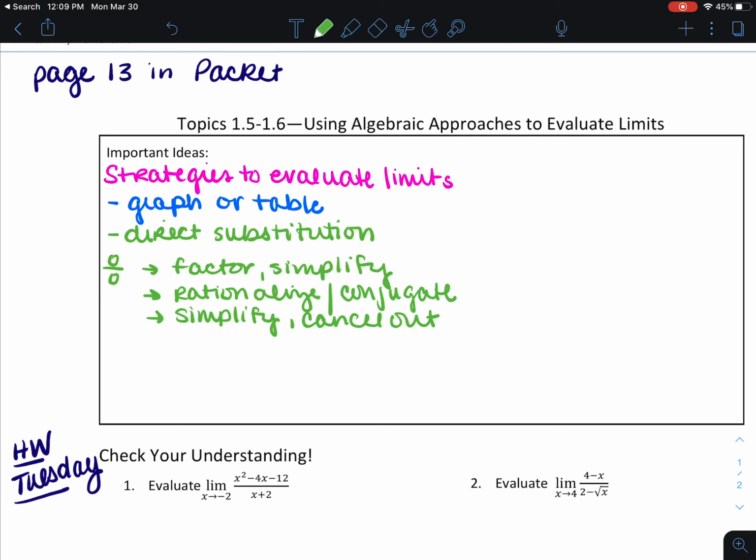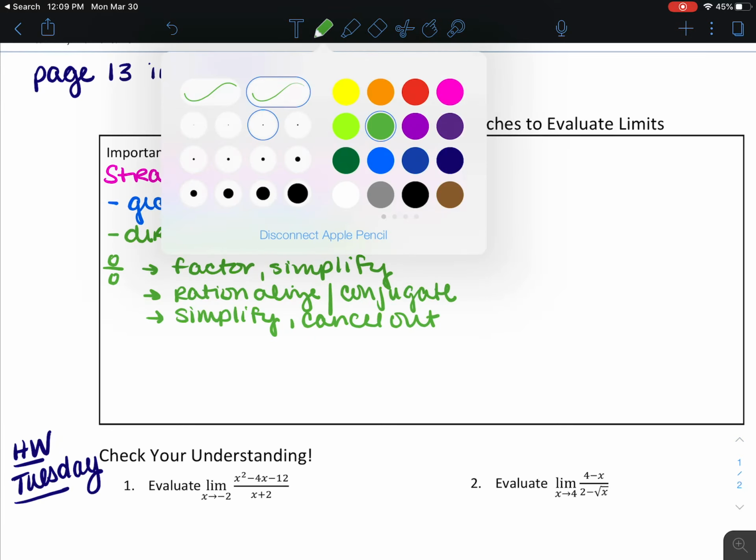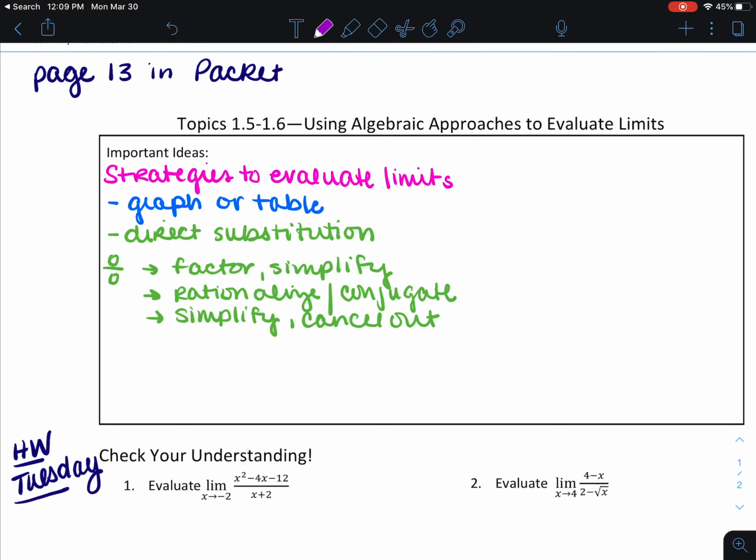The final strategy that you've been taught so far is the properties, the limit properties. And I think we did this in the lesson previous to this one, but this is where we're going to see, as x approaches a of some function, right?